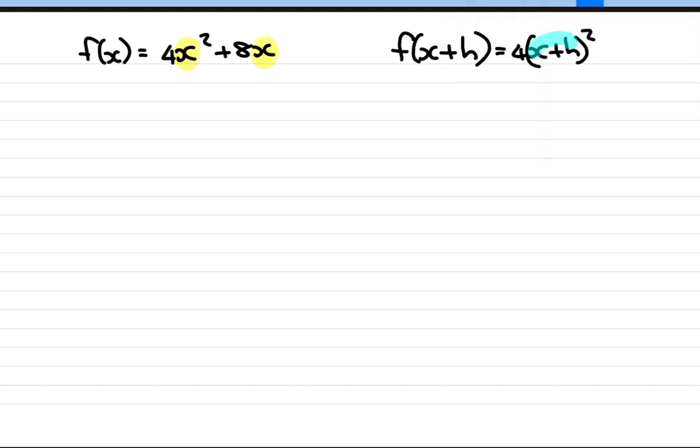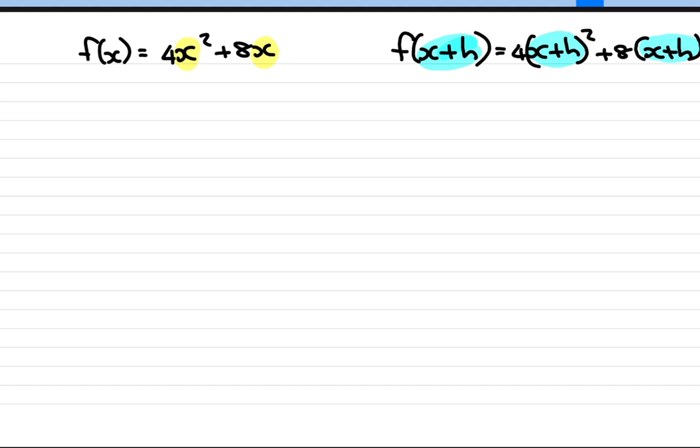So in fact, this is my f of x plus h. I've just replaced every x with an x plus h, and again plus 8, and the x I'm going to replace with x plus h.